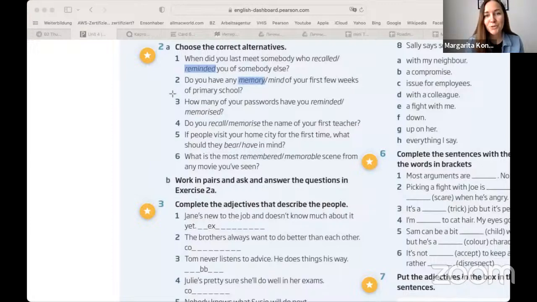What about you, Yekaterina? Do you have any memory of your first few weeks of primary school? I think I have, можно сказать так, a lot of memory of my primary school. I was very small, about my size. I was a very small girl. And I think I was afraid of something.